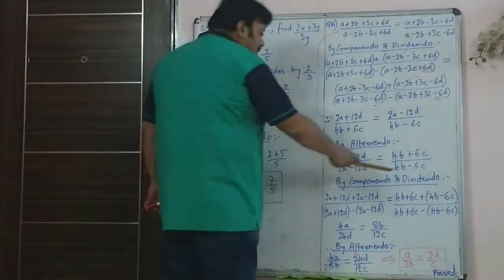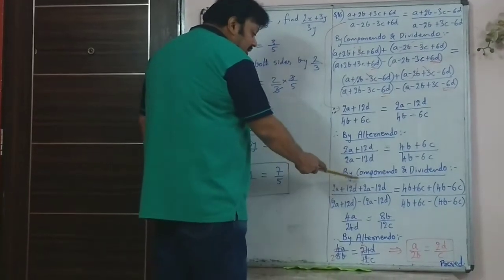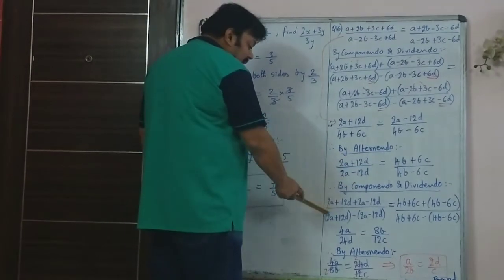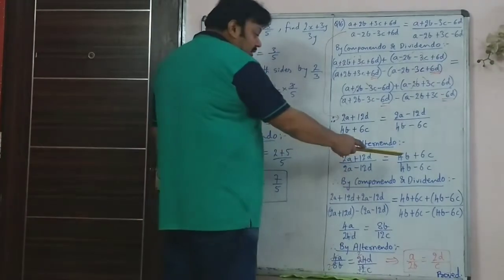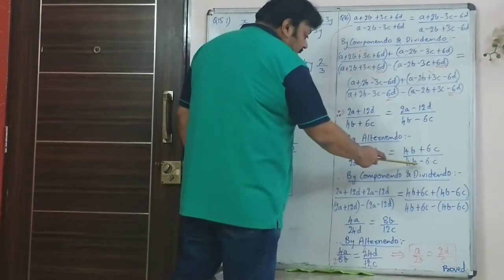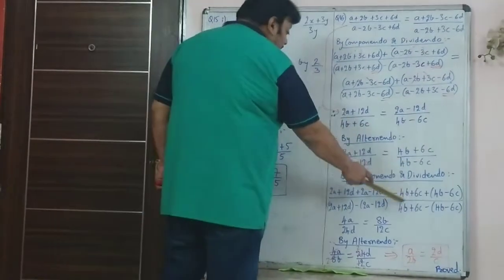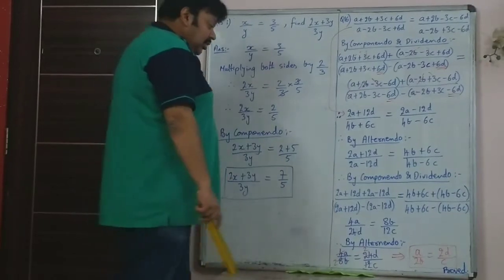So when you use a componendo and dividendo together, now it will be numerator plus the denominator, numerator minus the entire denominator in bracket, numerator plus the denominator, numerator minus the denominator.